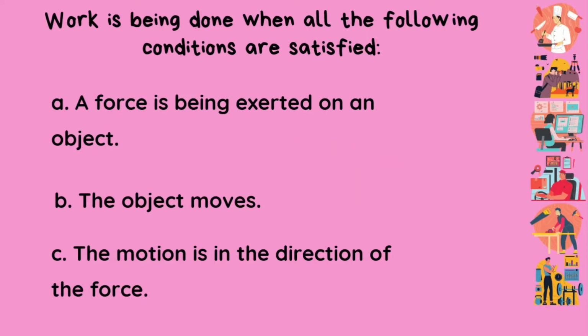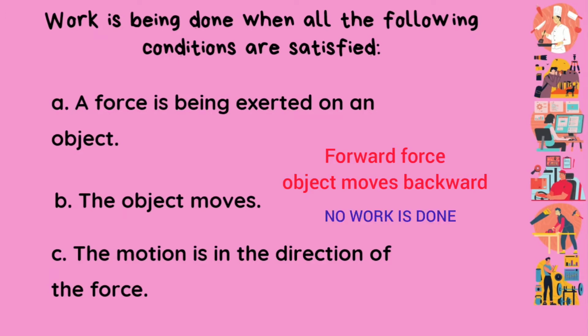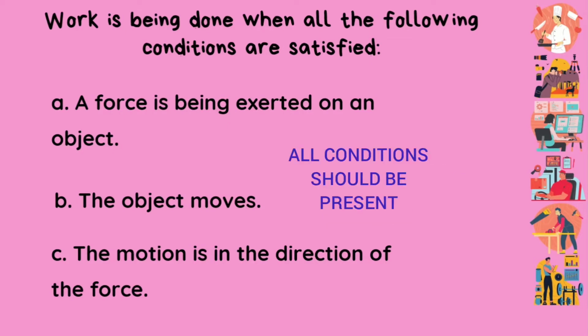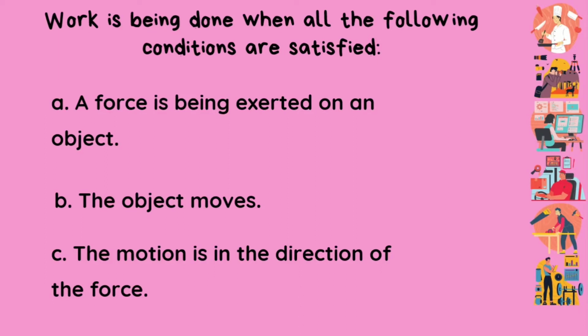Example, if you exert a forward force and the object moves backward, dahil magkaiba ng direction yung force at yung object, walang work na nangyari doon. So these three conditions should be present para masabi natin na mayroong work or work is done.